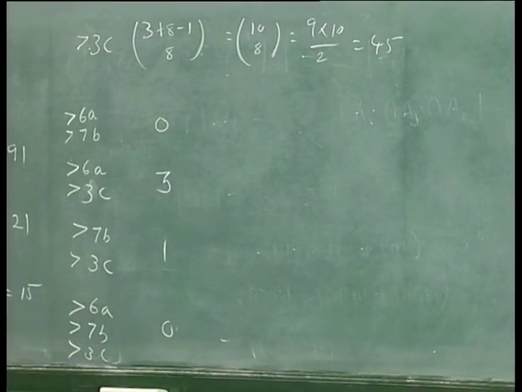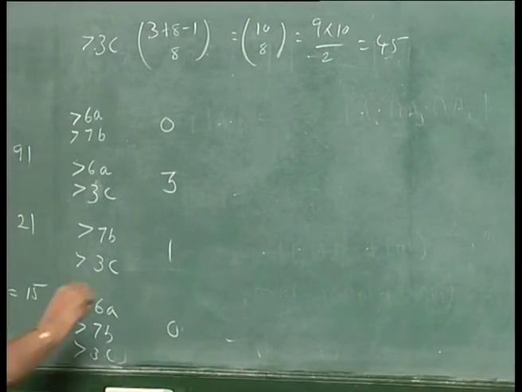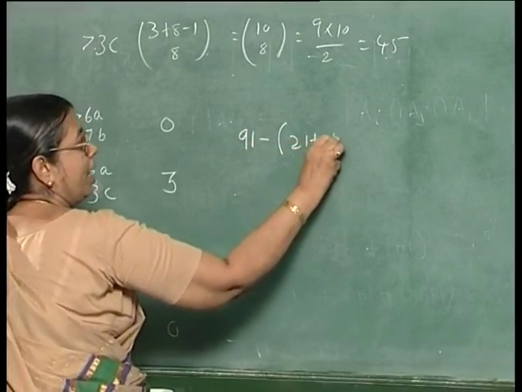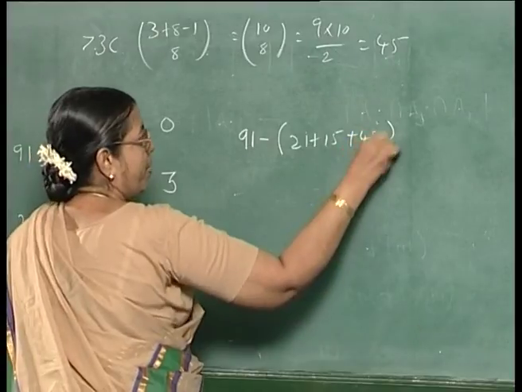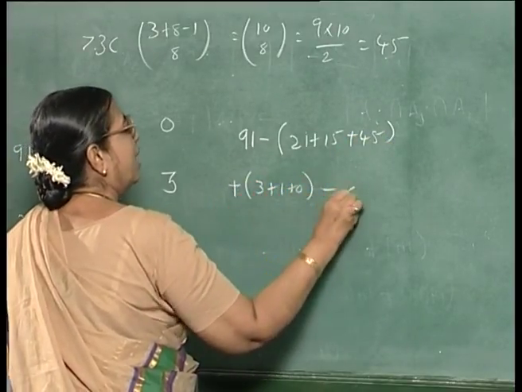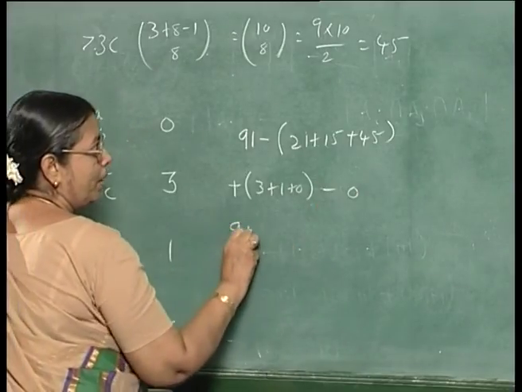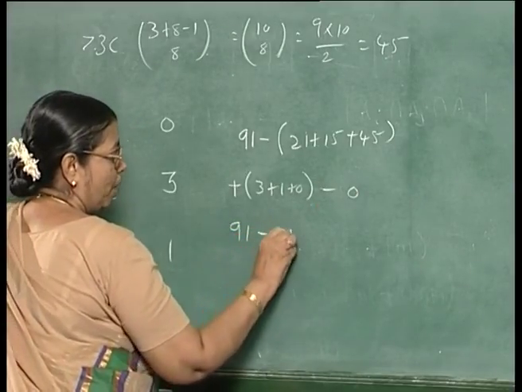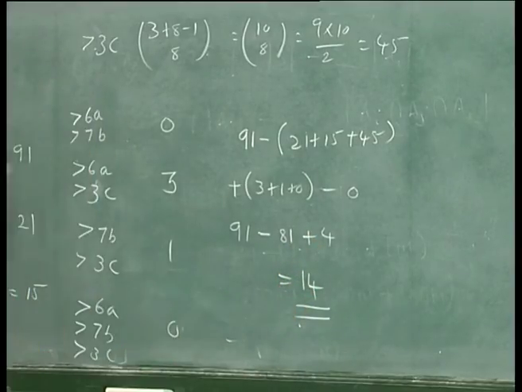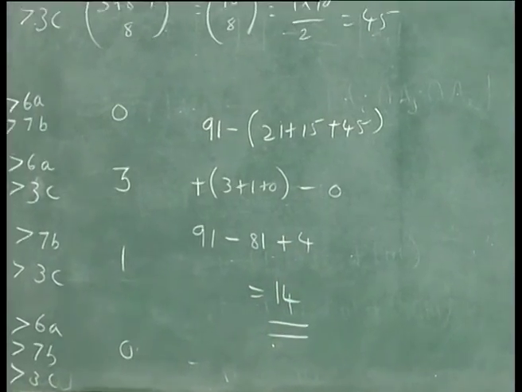So, using the principle of inclusion exclusion, the answer will be 91 minus (21 plus 15 plus 45) plus (3 plus 1 plus 0) minus 0, which will be 91 minus 81 plus 4 equal to 14. The answer is 14.